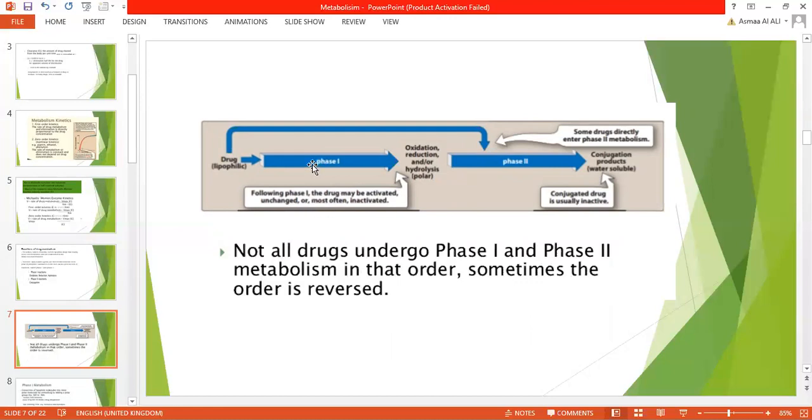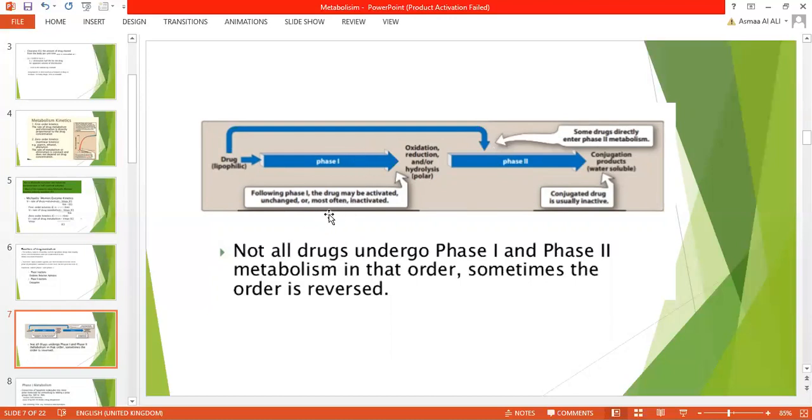For phase 1, a lipophilic drug undergoes oxidation, reduction and hydrolysis and becomes polar, then undergoes phase 2 and is conjugated. Some drugs go directly to phase 2 metabolism without passing through phase 1.